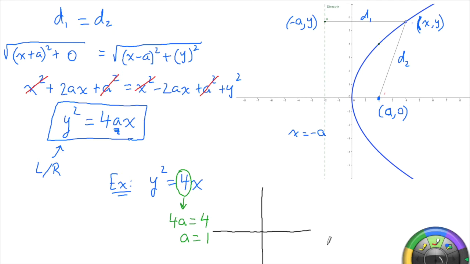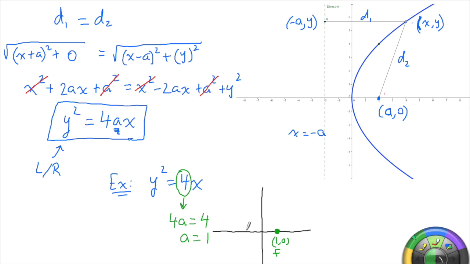I'm just going to draw a sketch here. And we know that the focus is 1 to the right. It's positive 4x, so it's going to go 1 to the right. So this would be the 1, but it's also known as the focus. This is (1, 0), the focus.